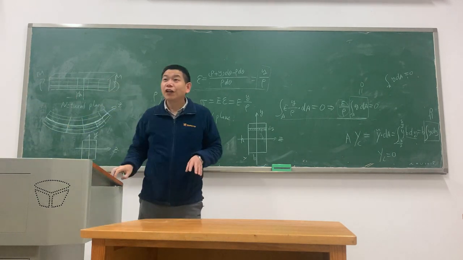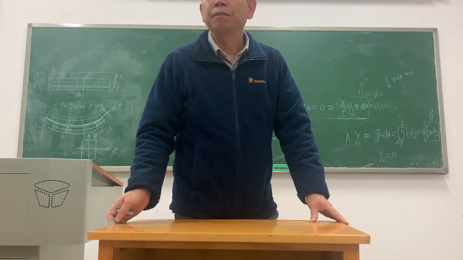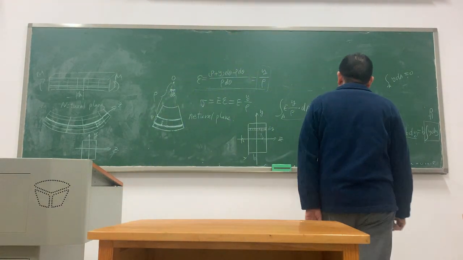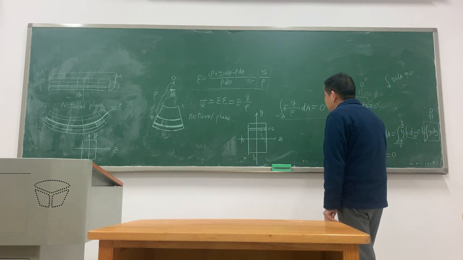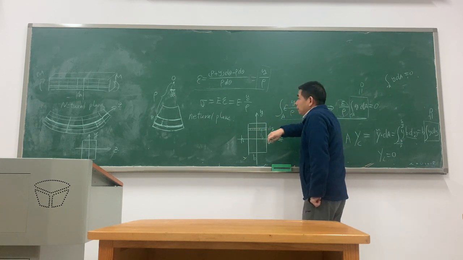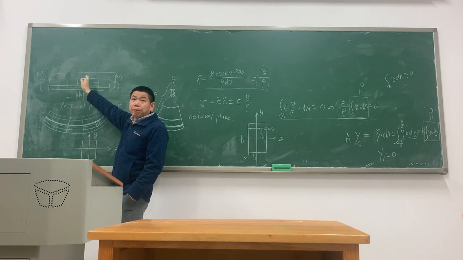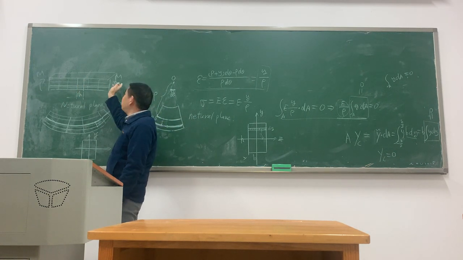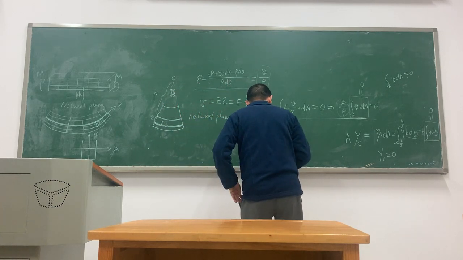Yes or no? The neutral plane is the middle plane. After we know the neutral plane is the middle plane, we know the internal bending moment is M. Yes or no? Yes.